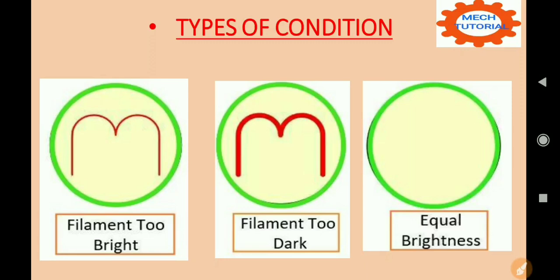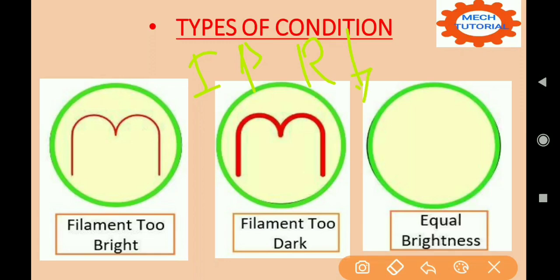Next, the second condition is that the filament is too dark. This condition happens when the brightness of the filament is less than the brightness of the hot body. To equalize, we have to increase the current by decreasing the resistance.